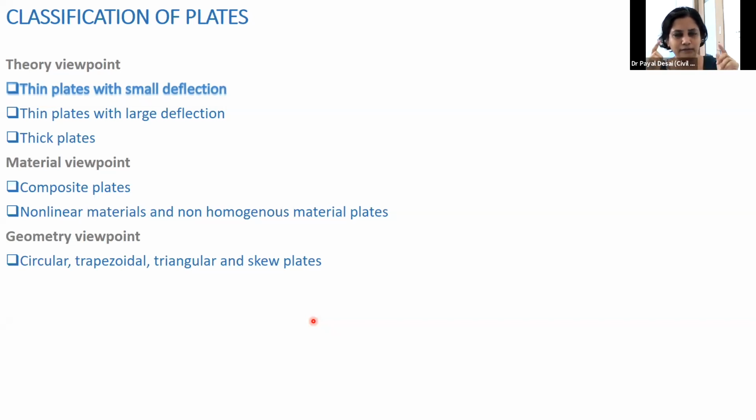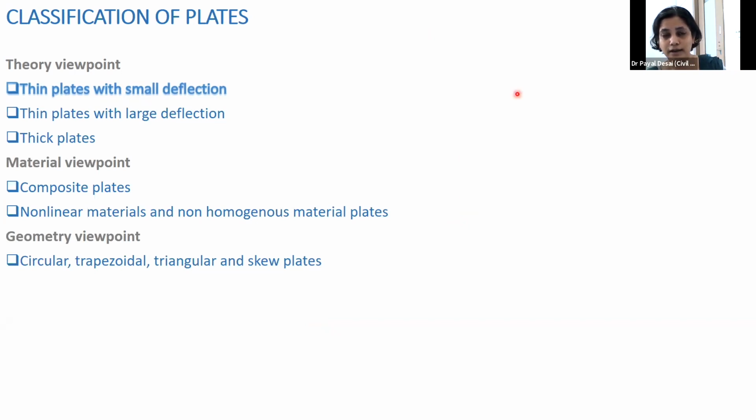Now thin plates with large deflection are a kind of membrane. You have seen tents, that kind of category, when you apply the load and it generates a larger deflection, and we may call it thin plates with larger deflection.